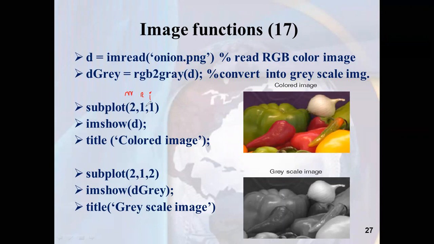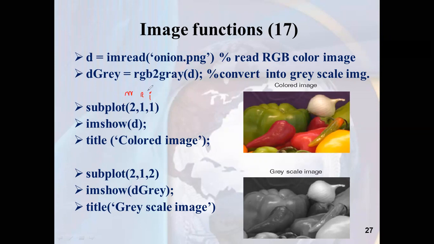Subplot M, N means we create M cross N images. So 2, 1 means we have 2 rows, 1 column, and each element is an image. And I is the number of the image.